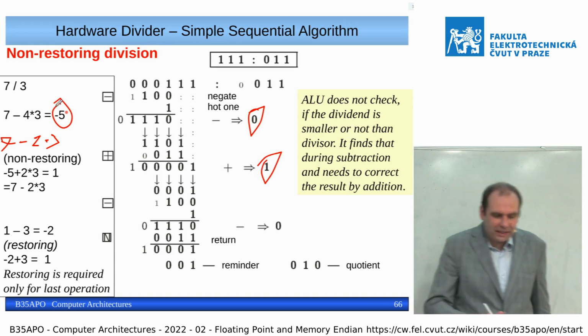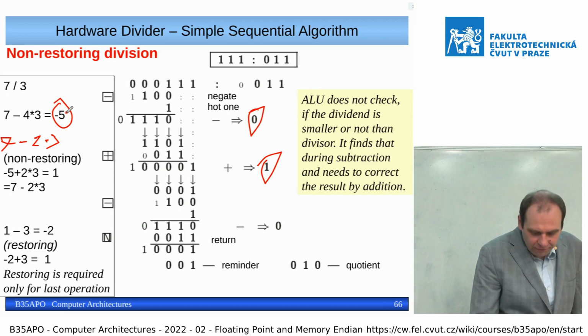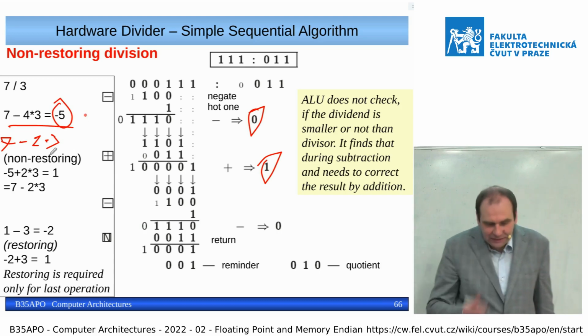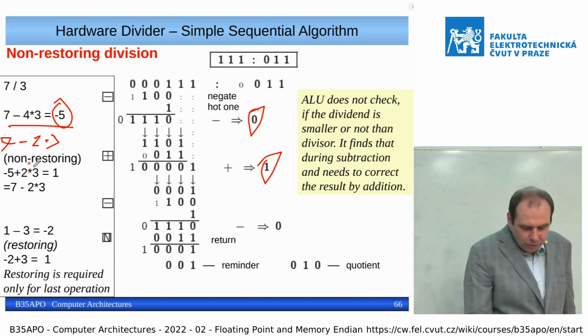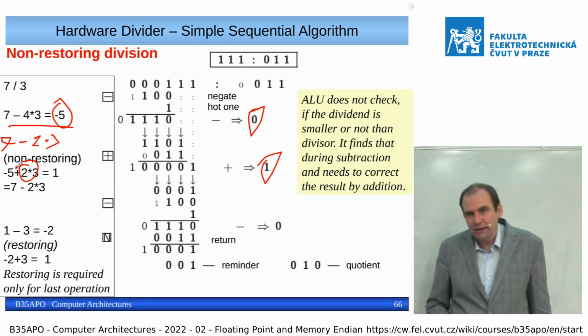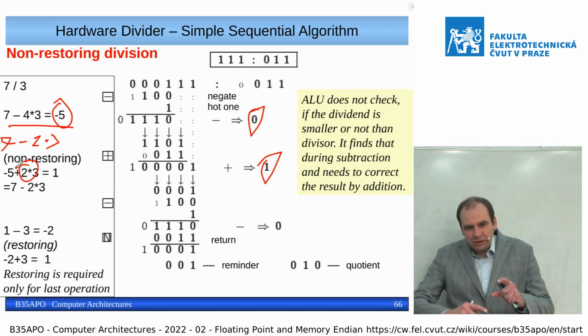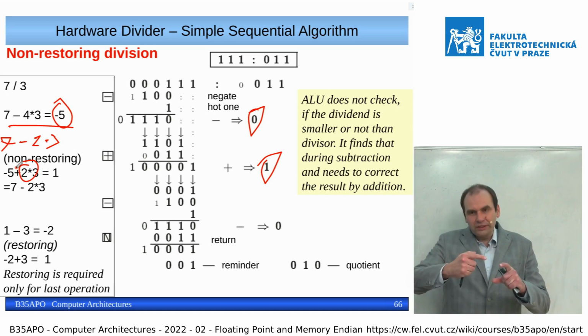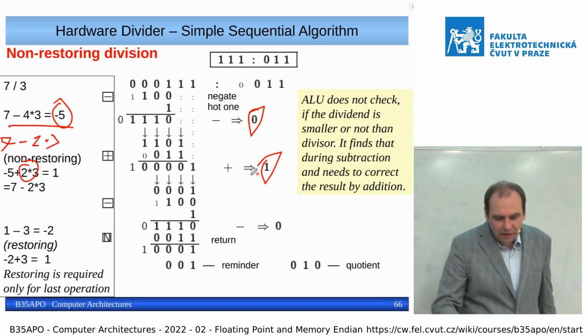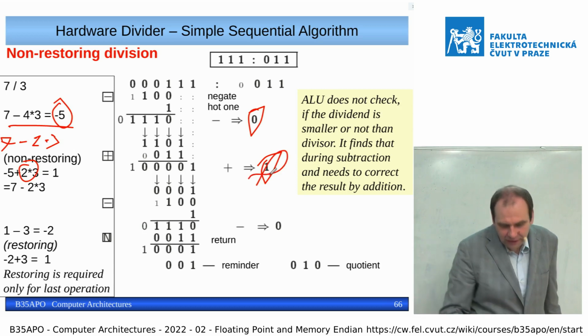We know that at this moment we have a negative value because the result was smaller. So in this case, instead of the subtraction, we add 2 times 3. And if this addition overflows over the 0, then it means that we should write there a 1.